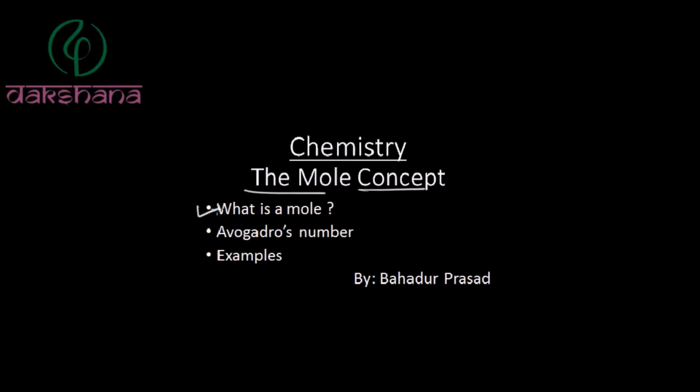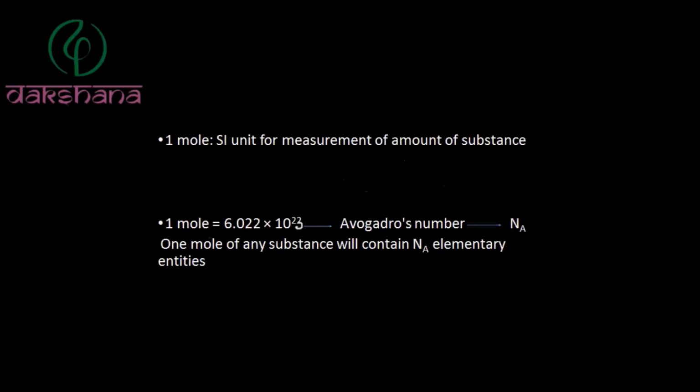So first of all, we will understand the meaning of a mole. What is a mole? Then we will talk about the Avogadro number. Then we will derive the formula and we will solve some examples based on the formula. So in chemistry, one mole is an SI unit for measurement of the amount of a chemical substance.